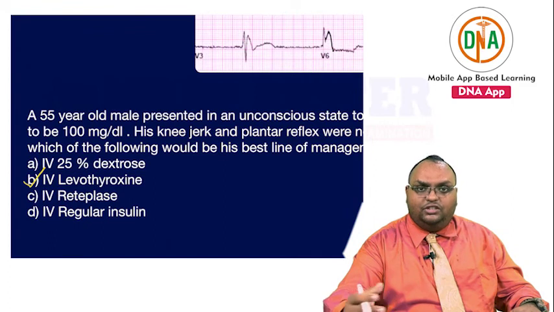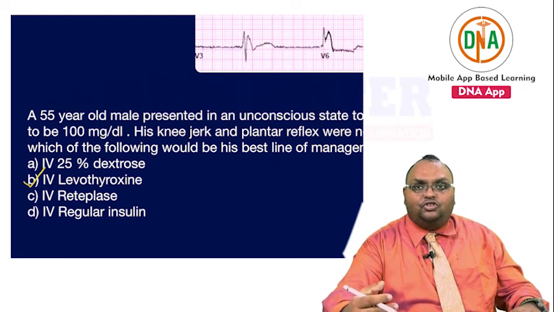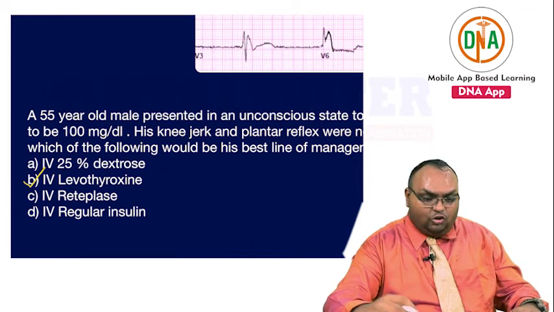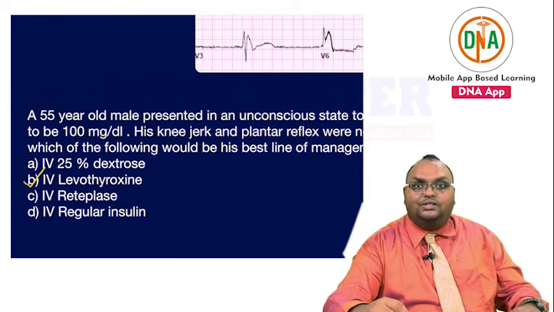We would definitely do a T3 T4 TSH, confirm the hypothyroid state of this person, take a history from his kin if he's having medications of levothyroxine tablets or other supplements and has missed some doses, and then if we diagnose him to be a case of hypothyroidism and suspect this to be a case of myxedema coma, we'll start off with IV levothyroxine.